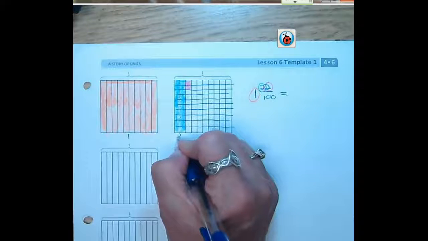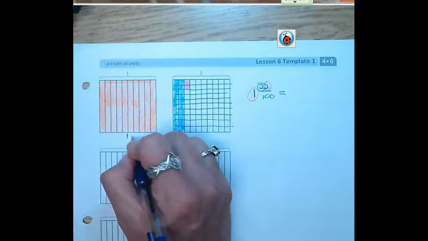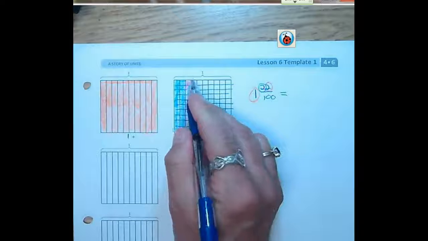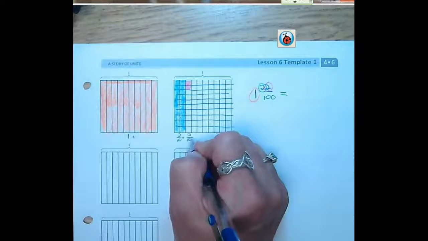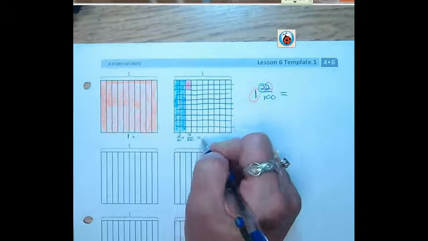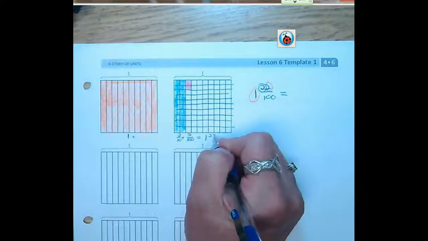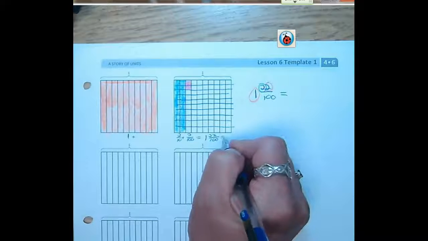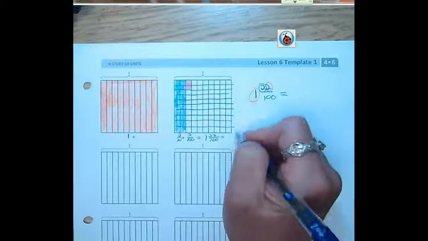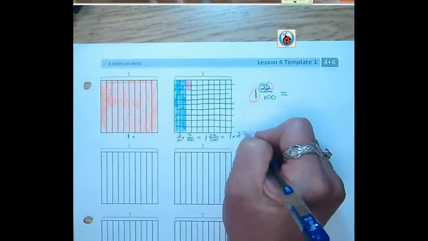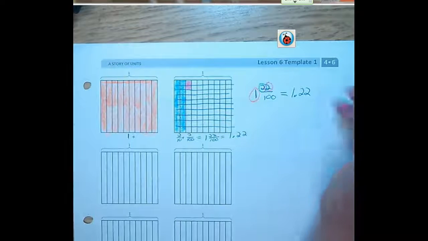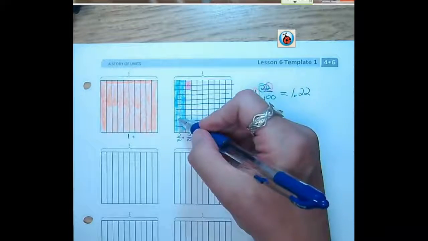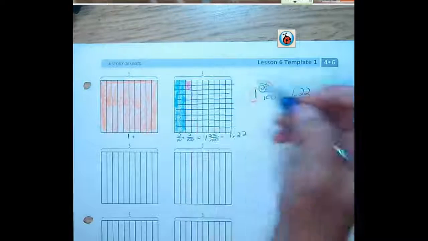This is 2 tenths. So 1 plus 2 tenths plus, what would this be? 2 hundredths. And you add all those up, and you get 1 and 22 hundredths. And if we write that as a decimal, we have 1.22. You have 1, 2 tenths, and 2 hundredths.